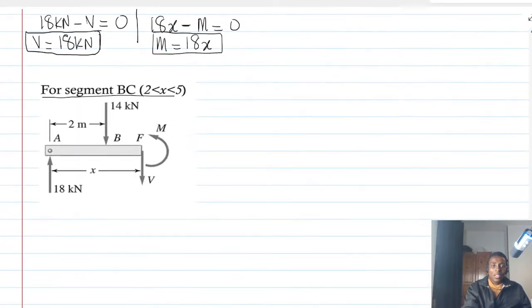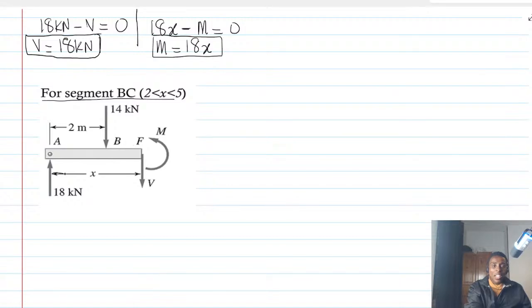So that is what we have here. The whole of this is x, and this is 2. So away from the 14 to where the x is, we can call this x minus 2. All right.